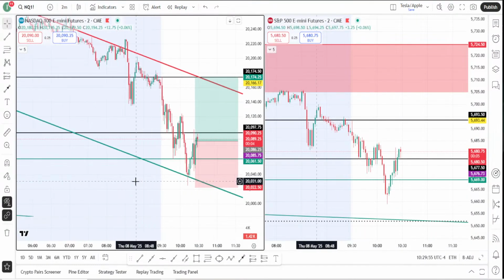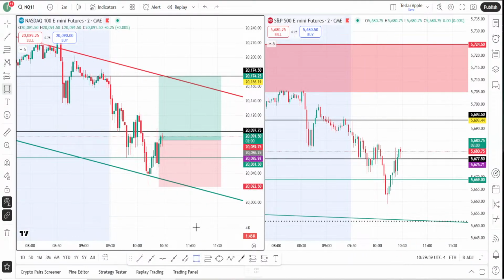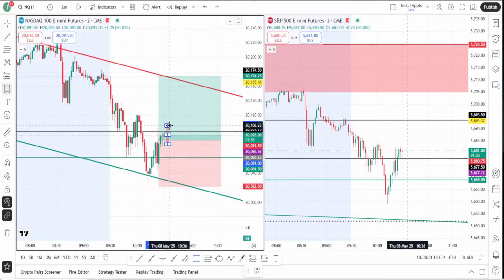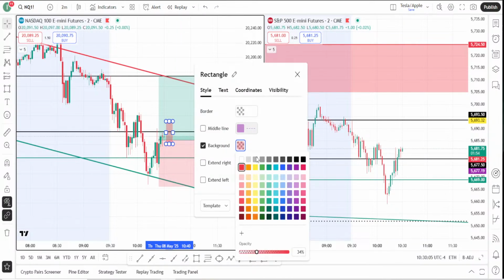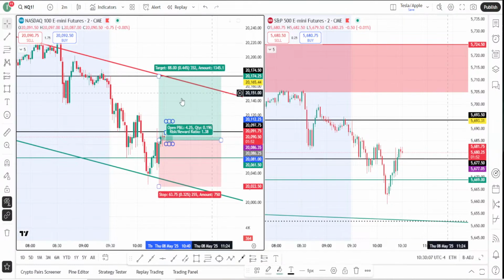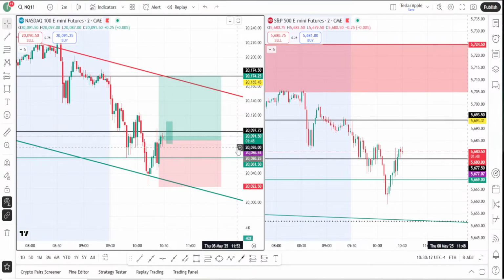Should be going up here. What I want to see next is just a closure back into this opening range. If we get that closure back in the opening range, we should be good. We should be really good.